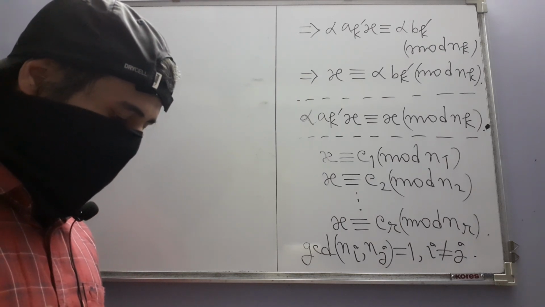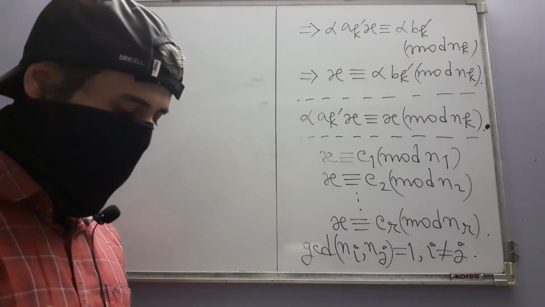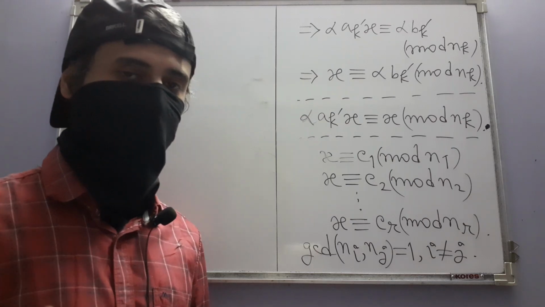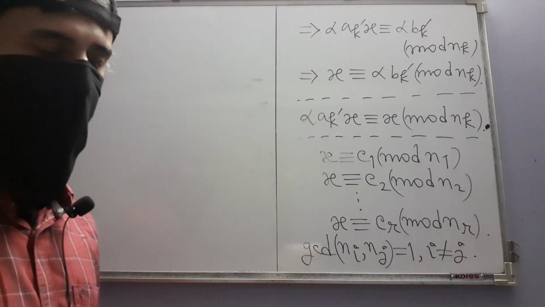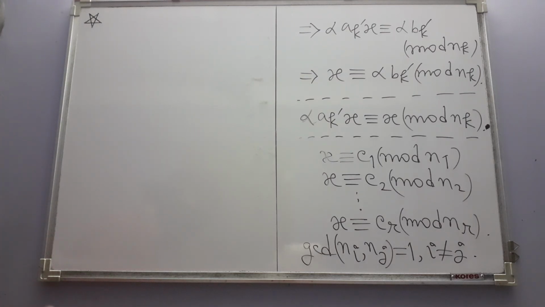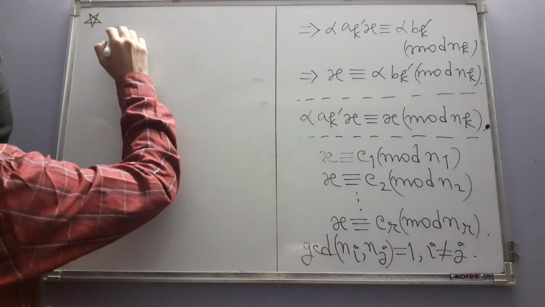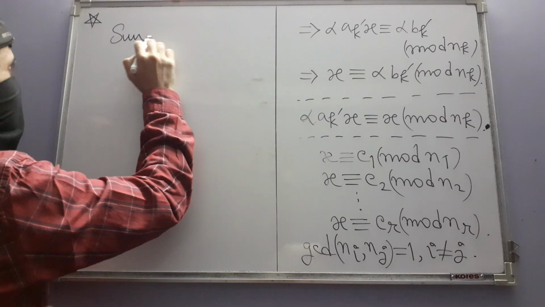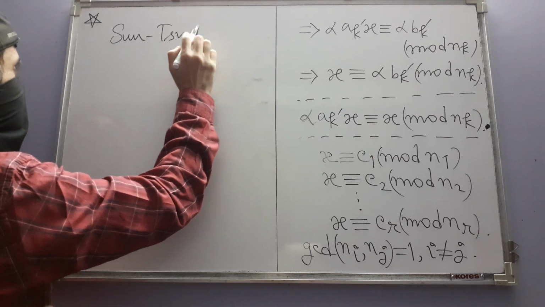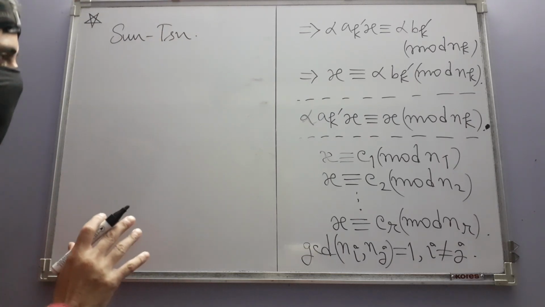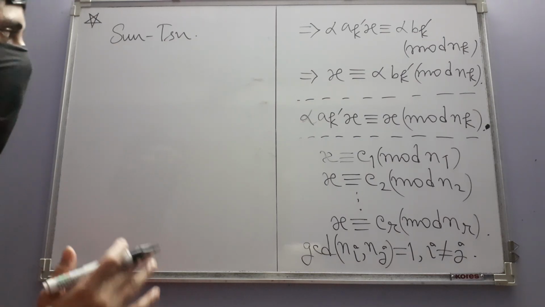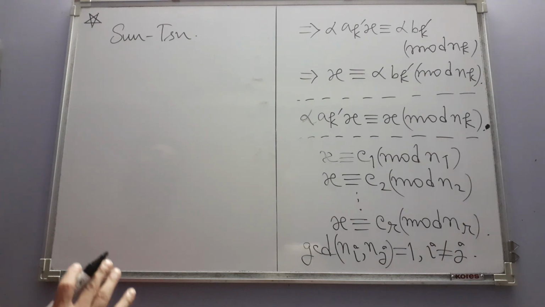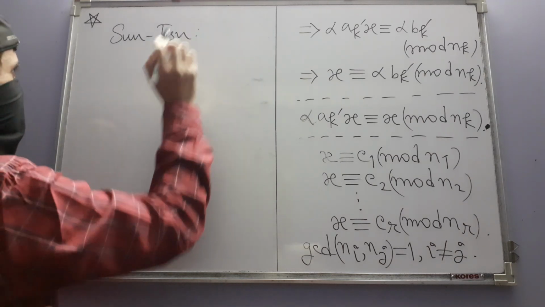Such problems were considered, and the Chinese mathematician Sun Tzu, I don't exactly know how to pronounce it, so I apologize if I am pronouncing it incorrectly, but anyway, he posed such a problem.